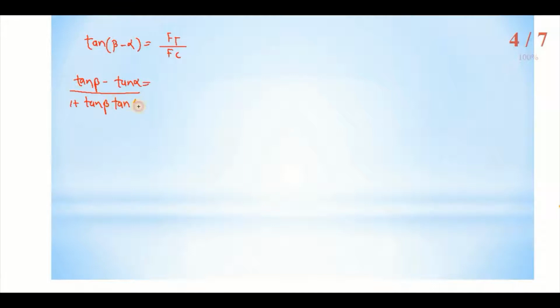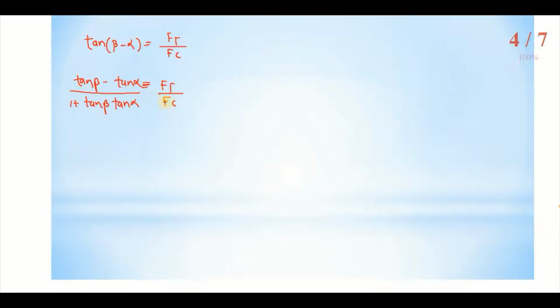In this same method, we have tan (beta minus alpha) equal to Ft upon Fc. If you expand this bracket, we get (tan beta minus tan alpha) upon (1 plus tan beta tan alpha) equal to Ft by Fc.